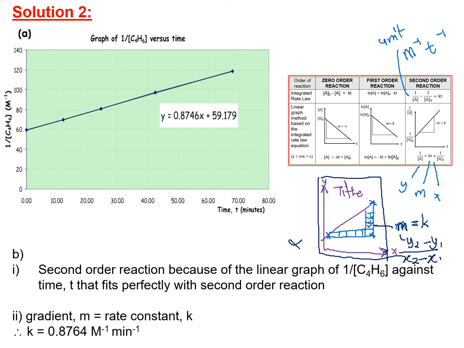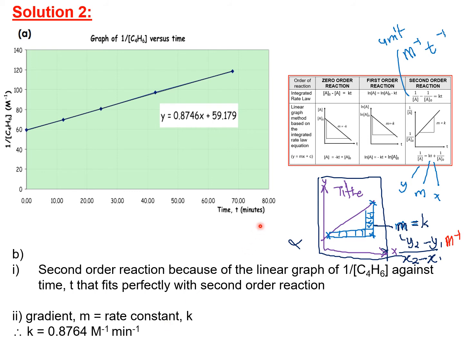In this case, the time given is in minutes, so you write per molar per minute. Or, if you work out the gradient, you know the gradient is Y over X. What is the unit of your y-axis? Per molar.